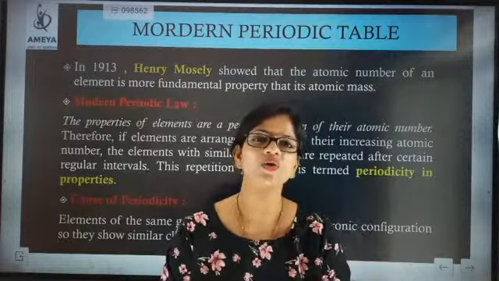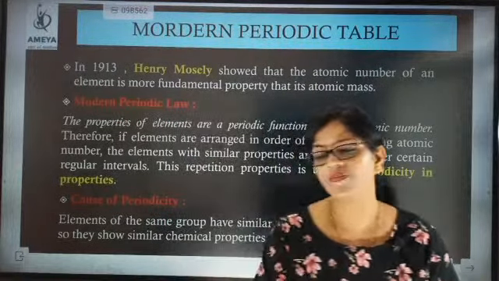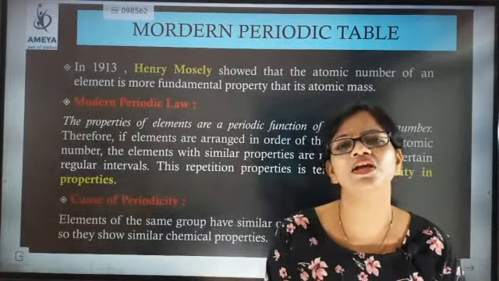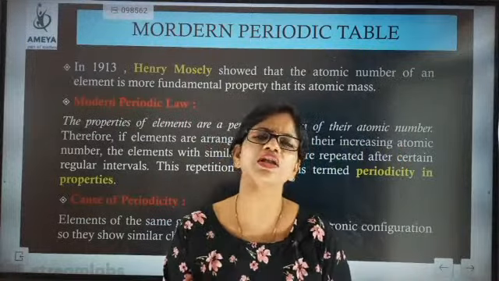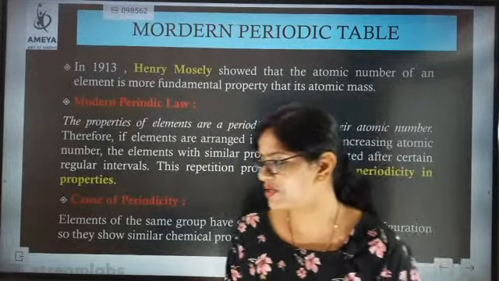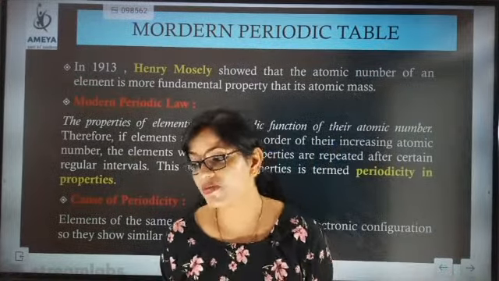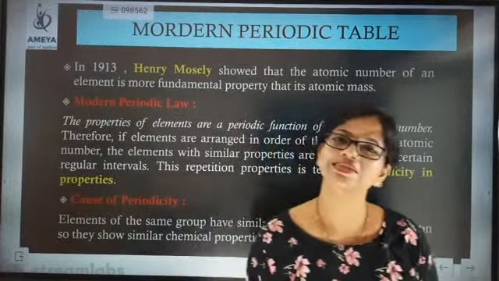So that's why we can consider atomic number as fundamental. I hope you have understood this concrete difference between atomic mass and atomic number. I want my children to write down the most important information. Okay ma'am, elements can be discovered in between. Yes, for atomic mass you can keep an element in between, but atomic numbers are discrete.